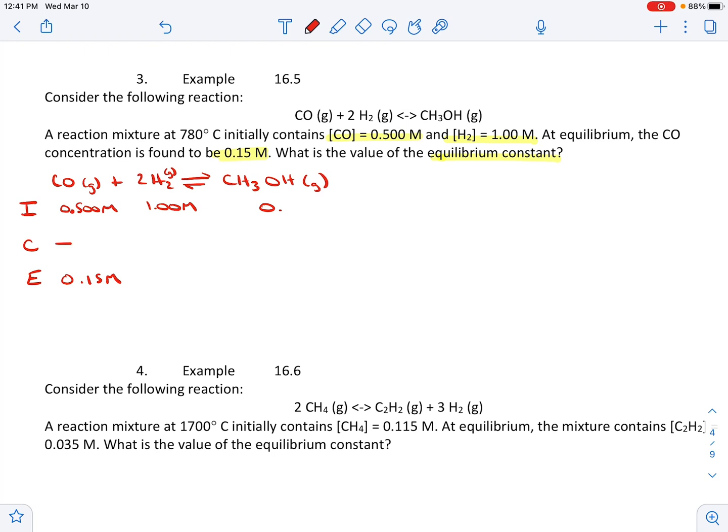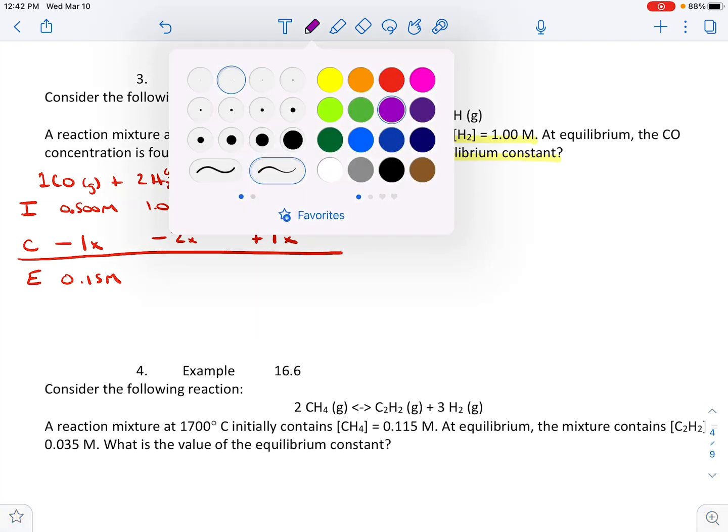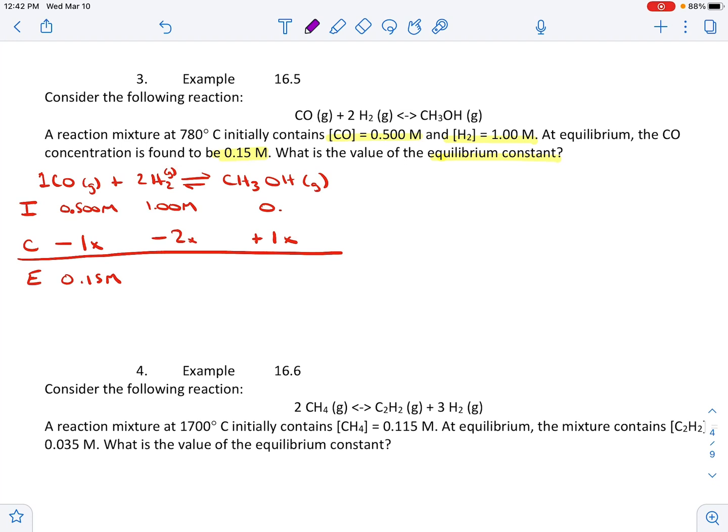Minus 1x, because there's a 1 understood in front of the CO. Then minus 2x, because there's twice as much H2 used up as CO. And last but not least, since it's a product, we add 1x of CH3OH.